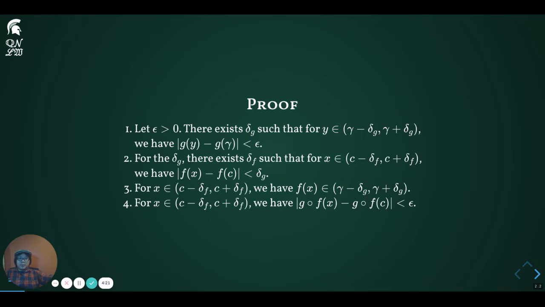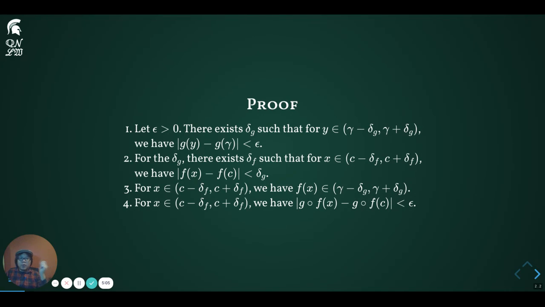Start with epsilon positive. Since g is continuous at gamma, we know that if the input to g is within some delta sub g of gamma, the output of g will meet our requirement of being within epsilon of g of gamma. To guarantee the input of g is within delta sub g of gamma, we use that gamma is equal to f of c, and that f is continuous at c, which means that there is some delta sub f such that if the input to f is within delta sub f of c, the output of f will be within delta sub g of f of c, or gamma.